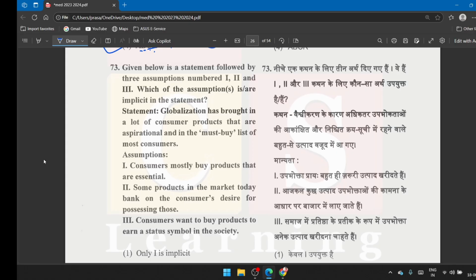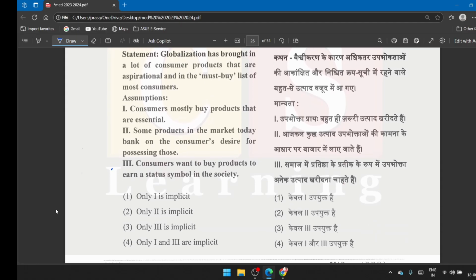Second, some products in the market today bank on the customer's desire for possessing those. Third, consumers want to buy products to earn a status symbol in the society. So actually, according to me, both 2 and 3 would be assumptions. But according to the options, you have to pick which is the best or most probable in this condition, is only 3 implicit. That is option 3.